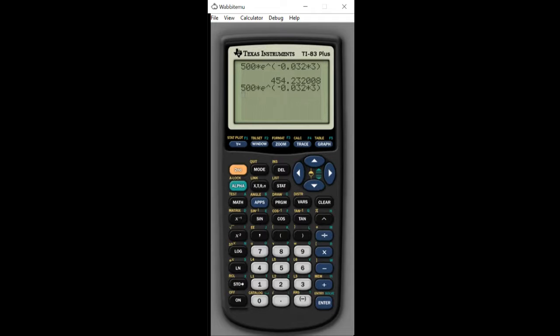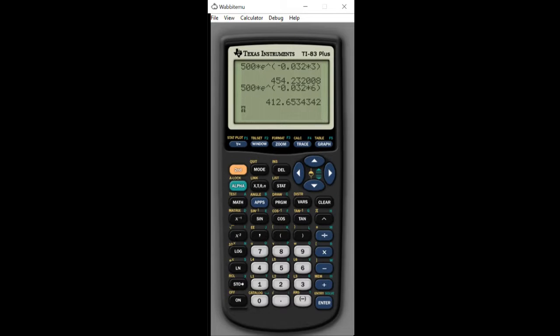When I type that in, it types in exactly what I wrote the first time. And then I can use my little left arrow button to go back and change that 3 to a 6. Okay, and I'm going to hit enter, and I'm coming up with 412.65. Now remember, the idea is I'm supposed to round to the nearest integer, so I know this one's going to be 413, right?